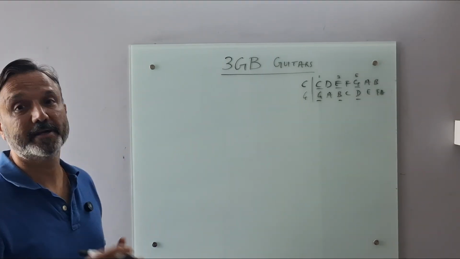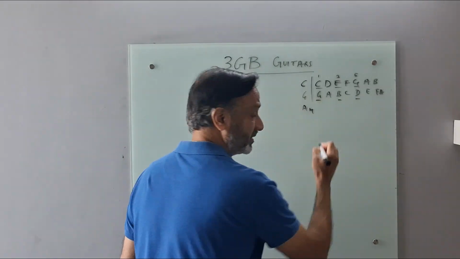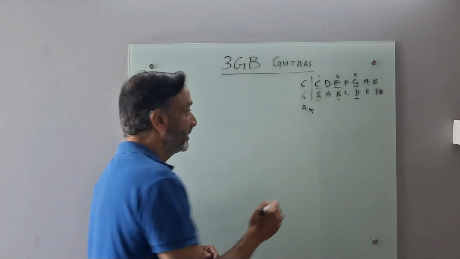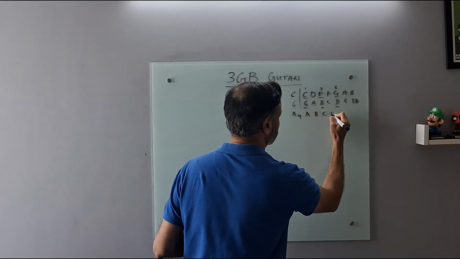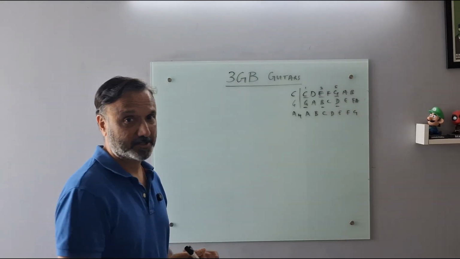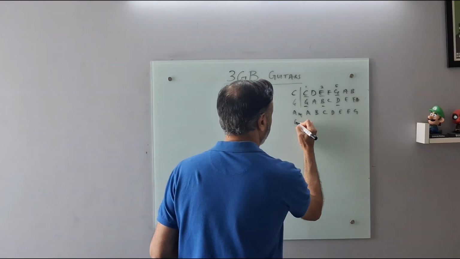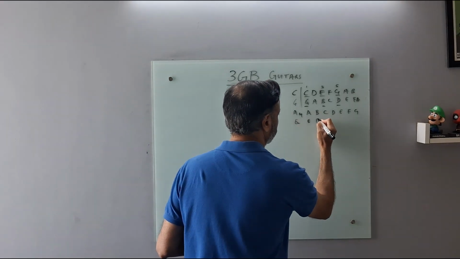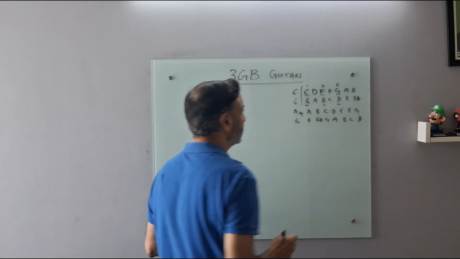Now, if I were to try and do it for the minor scale, let's look at A minor, right? So we did this sometime back. Pretty straightforward. Now, if you're talking the E minor scale, okay.